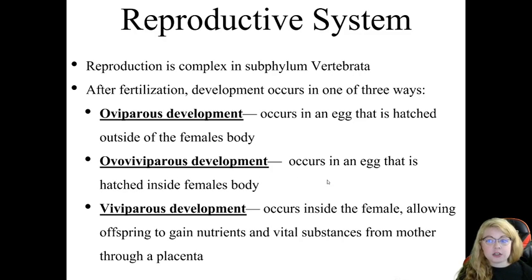Ovoviviparous development occurs in an egg that is hatched inside the female's body. And viviparous development occurs inside the female, allowing the offspring to gain nutrients and vital substances from the mother through a placenta. So we are right here. That's us, right? We get our nutrients from our mother's placenta internally.